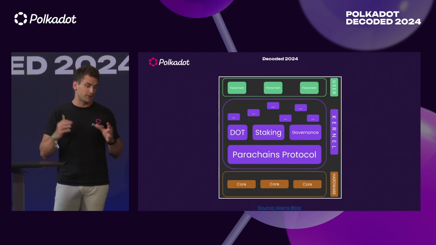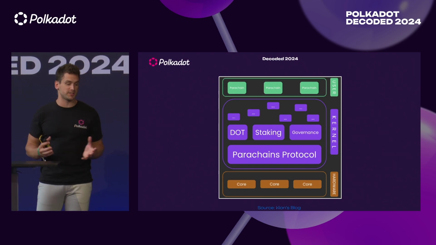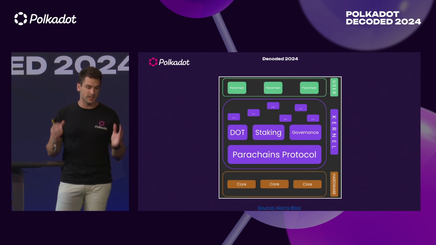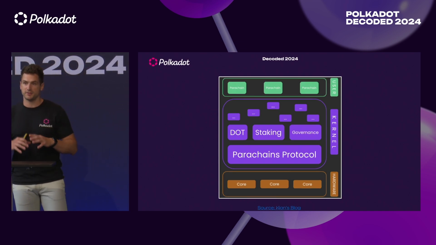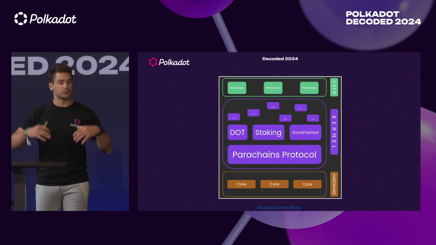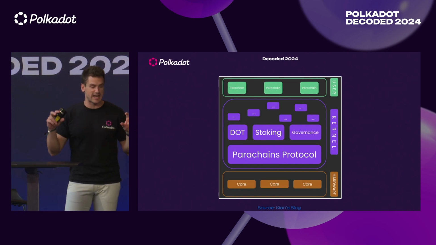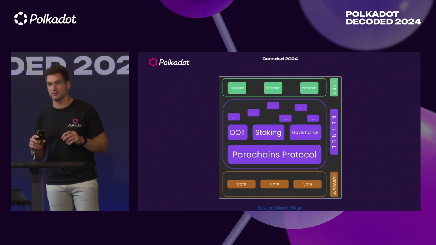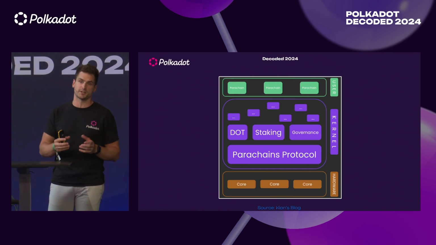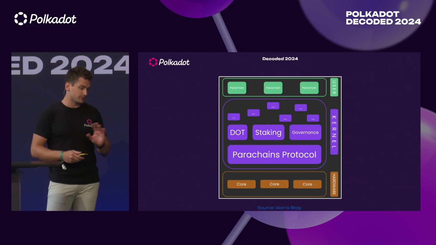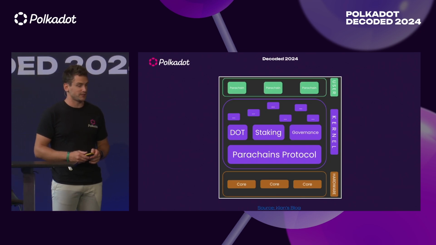Polkadot is managing all these things right now: the parachains protocol, DOT, the staking, the governance, everything is still within this fat kernel. And on top of this, we have the user land, where we have all the parachains. And users can be normal users, but also developers developing parachains. So this is the current situation.